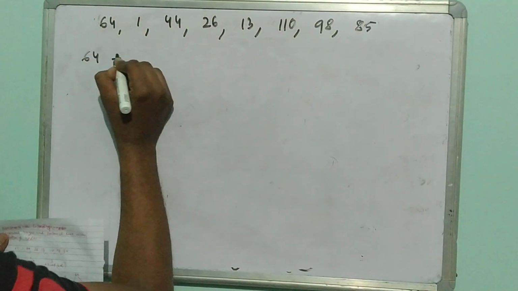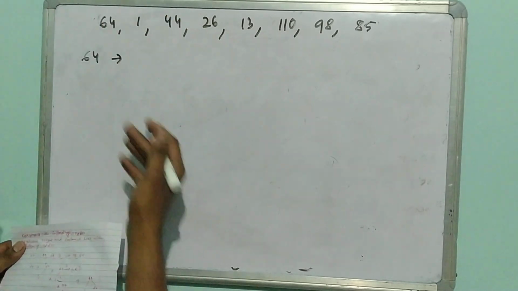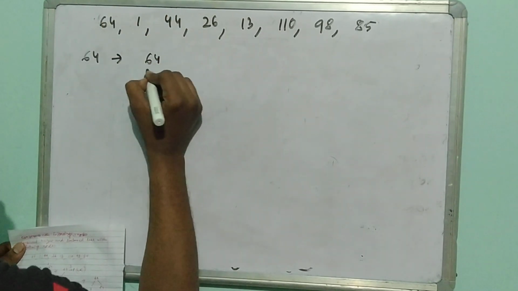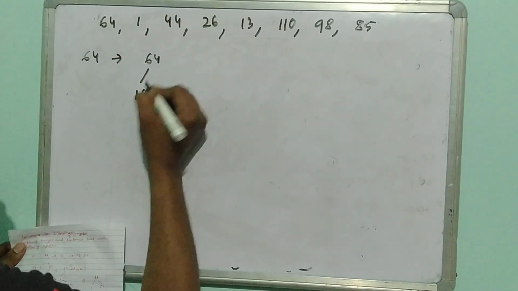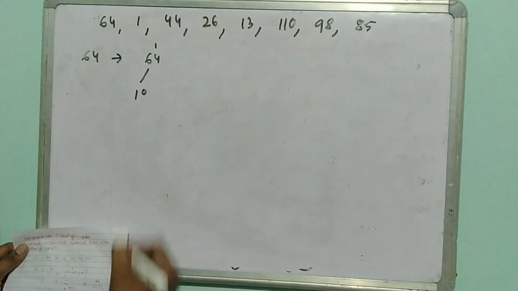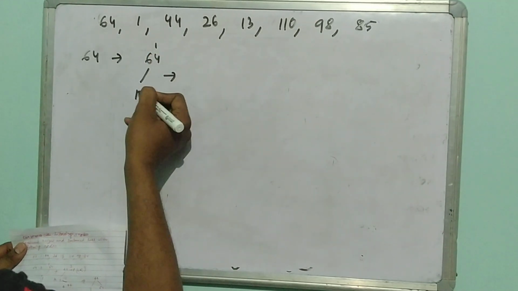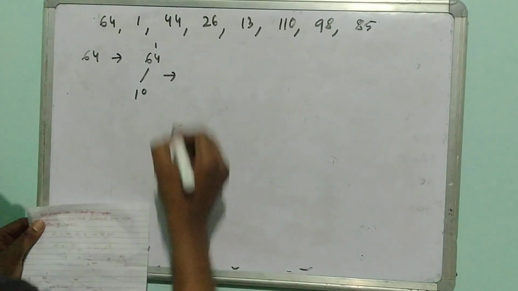So first is 64. Second, 1 is to be inserted, and obviously 1 is on the left side. So 64 has balance factor 0 and 1 has balance factor 0, then 64 becomes 1.